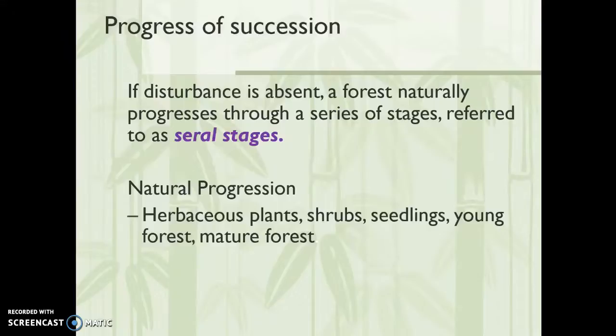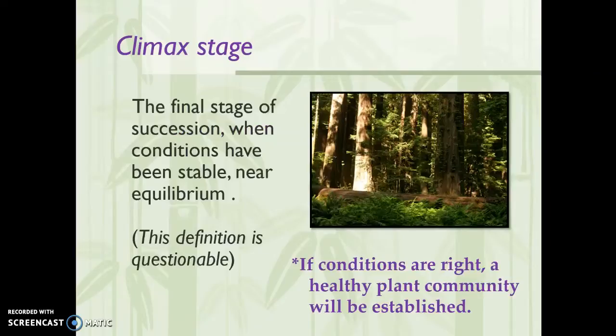The stages in between are called seral stages or seres, S-E-R-E-S. If disturbance is absent, the forest progresses through those series of seral stages. And the climax stage is the final stage of succession when conditions have been stable near equilibrium. And if conditions are right, a healthy plant community will be established.